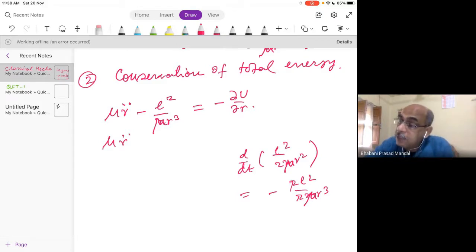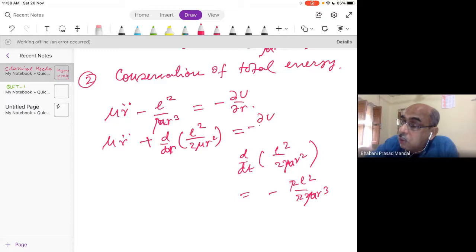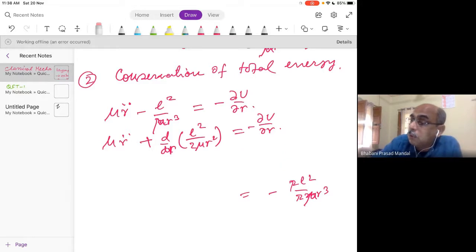So this side it is minus, so I can write plus d/dr of L square by 2 mu r square is minus del u del r. Fine, because if I differentiate, I get this term.